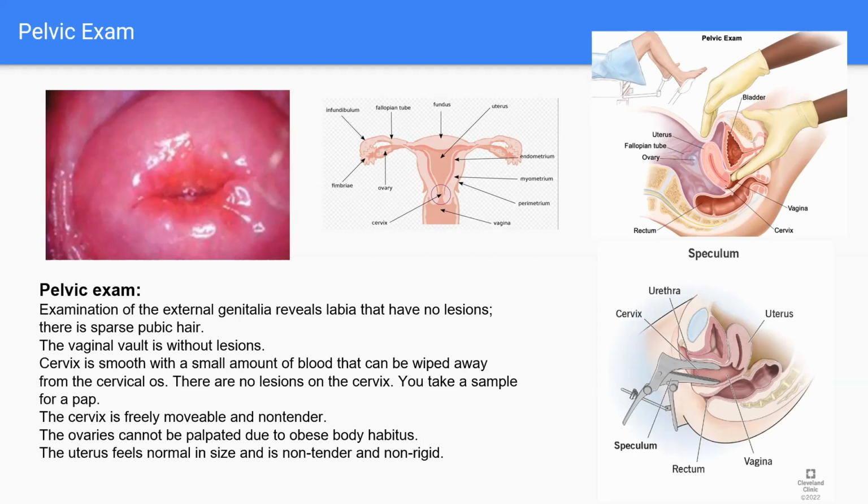So with the pelvic exam, there's two things we can do. One is just palpation. They're lying down, their legs are kind of open, almost in a frog-like position, kind of like when you're giving birth. They're in that position. And you use two fingers and you go in and you palpate the uterus as well as the ovaries, if you can.